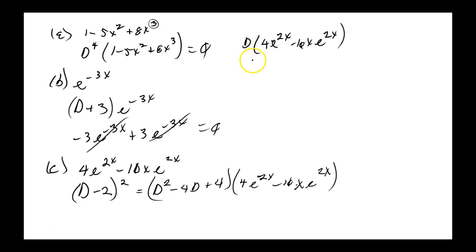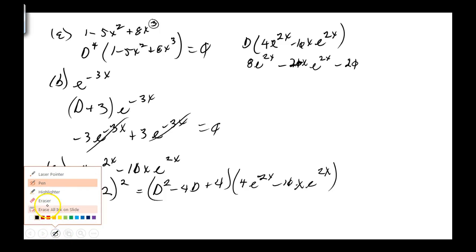So the derivative of that would be 8e to the 2x minus, product rule type thing, 10x e to the 2x times 2, which would make this a 20x, minus 10 times 2, wait a minute, just 10, sorry, got a bit carried away there.